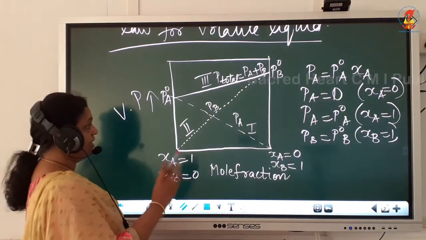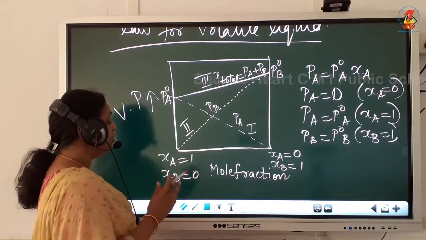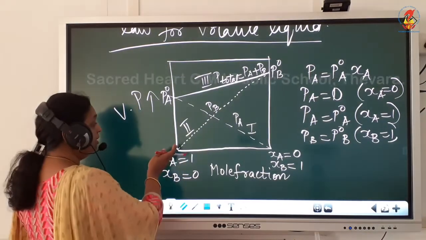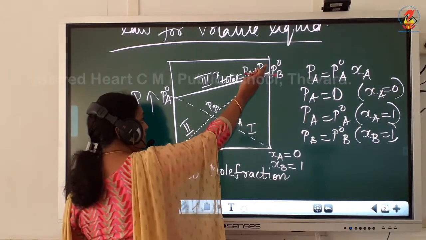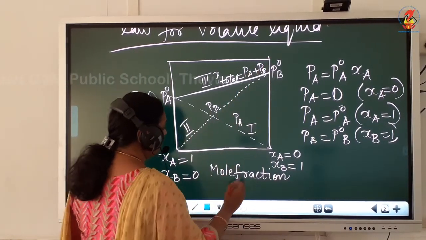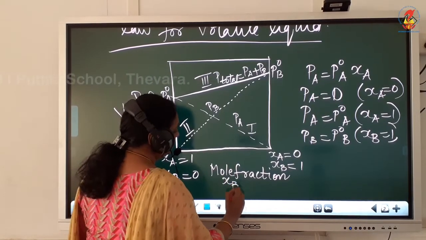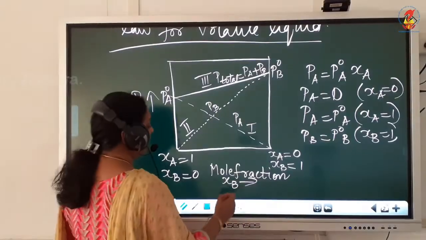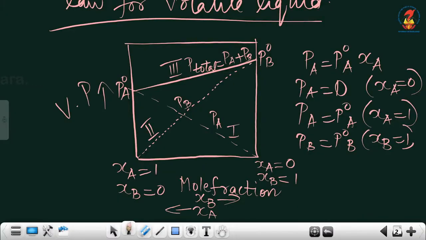When you look at this graph, you can see the solute B is more volatile. That is why we are getting more vapor pressure. So the mole fraction XB will be in this direction and XA will be in this direction, as we drew the graph.